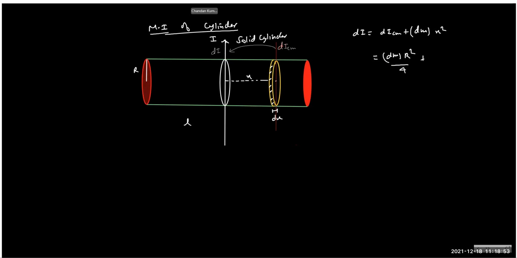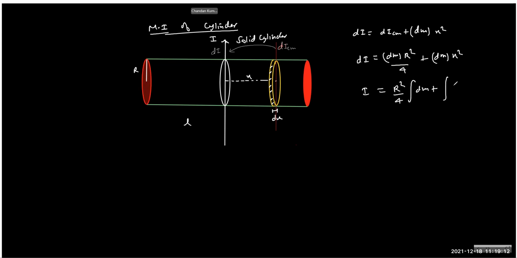You remember the answer. So now the first term is very easy to integrate, because r is constant for the entire cylinder, we can just add dm.